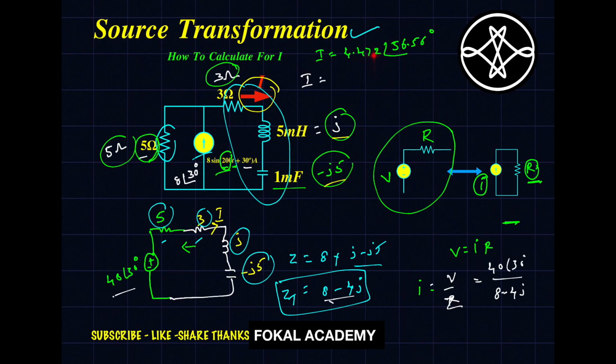So the amplitude is 4.472 times sine of omega t, where omega is 200, so 200t, and the phase angle is plus 56.56. So this is the required current for the given problem, and this is the process of simplification by using source transformation.